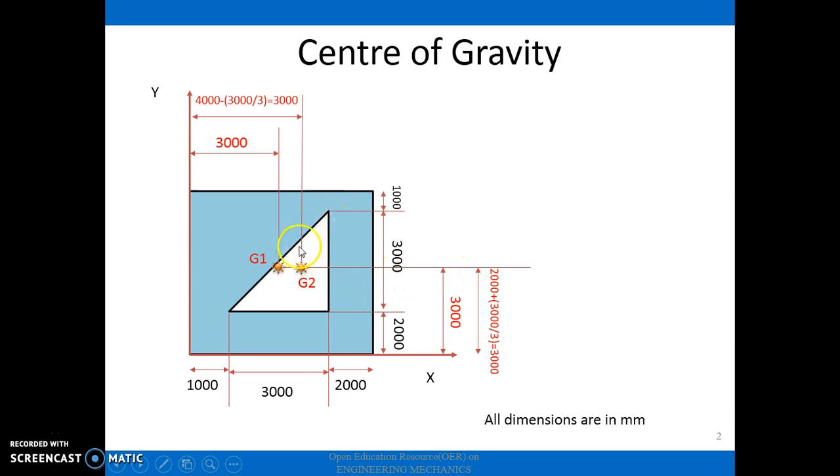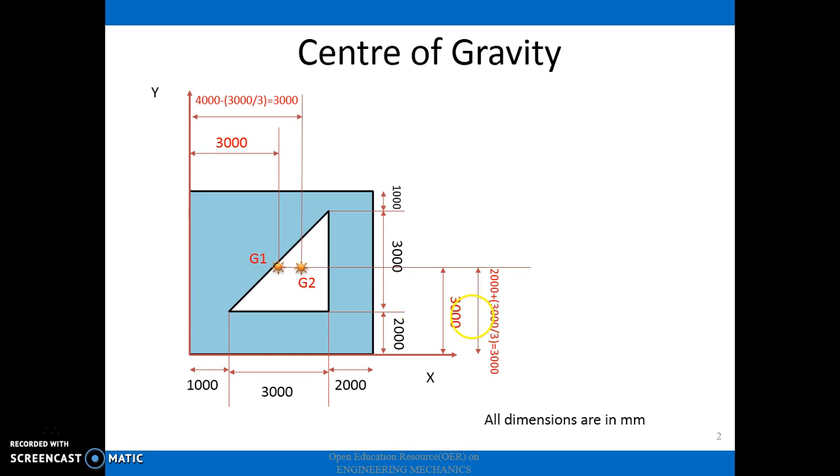When you talk about the right angle triangle, its center of gravity is designated as G2, and it is around 3000. I have intentionally shown G2 separate from G1, because both X and Y happen to have the same dimension. In fact I should show both G1 and G2 at the same point. But for better understanding, we'll move with this, as these are basically rough works.